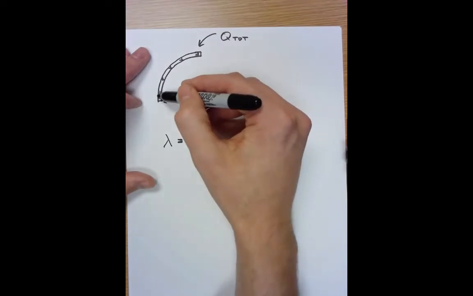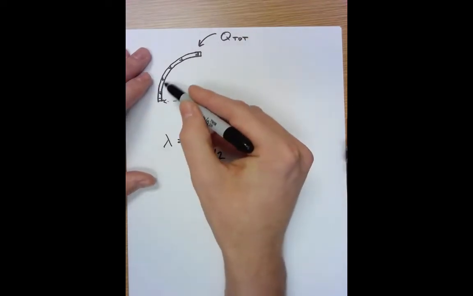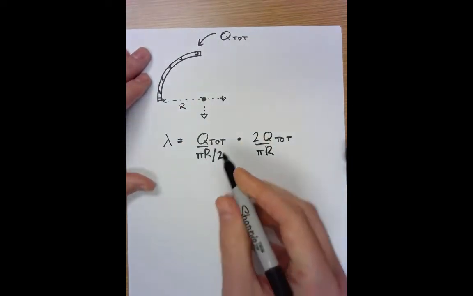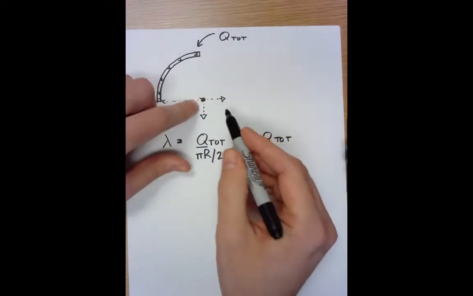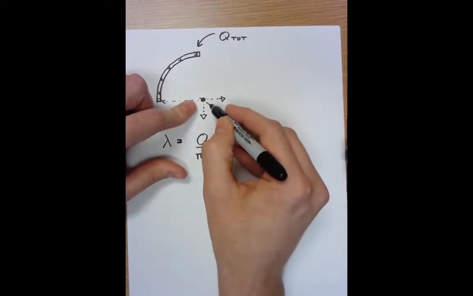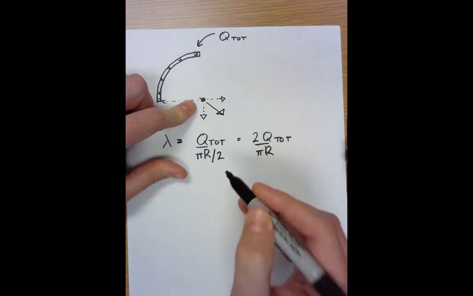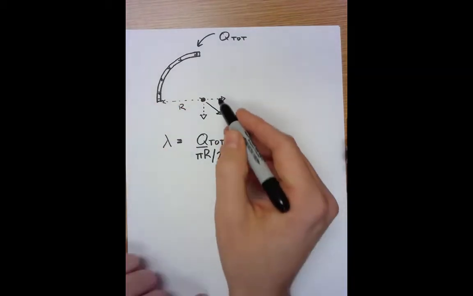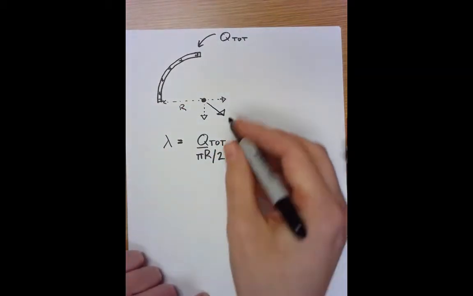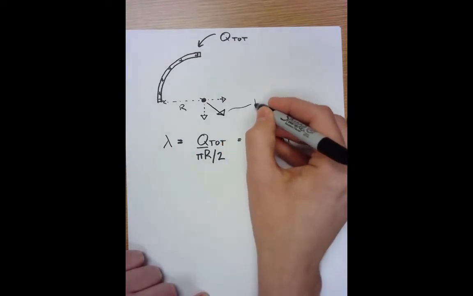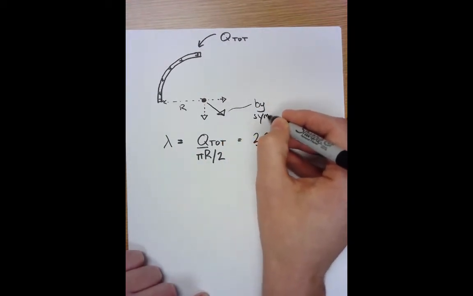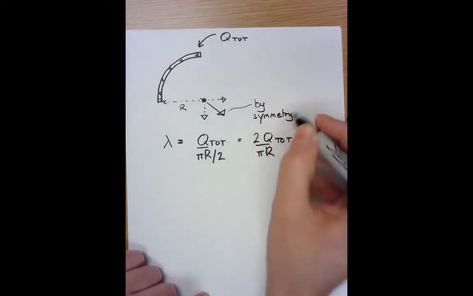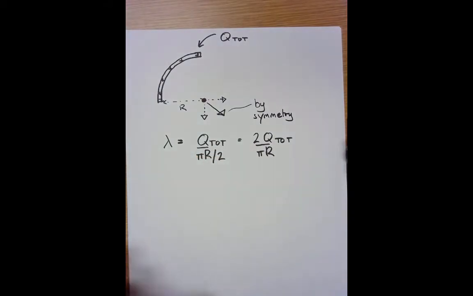And by symmetry, we can keep finding pairs of charges like this, and they're all going to give vectors that by symmetry add up to point in the direction 45 degrees below the horizontal. So by symmetry, we can say that the electric field points down and to the right.